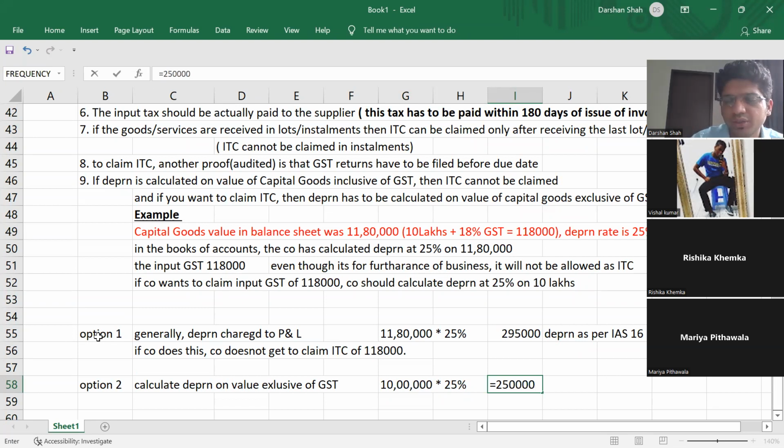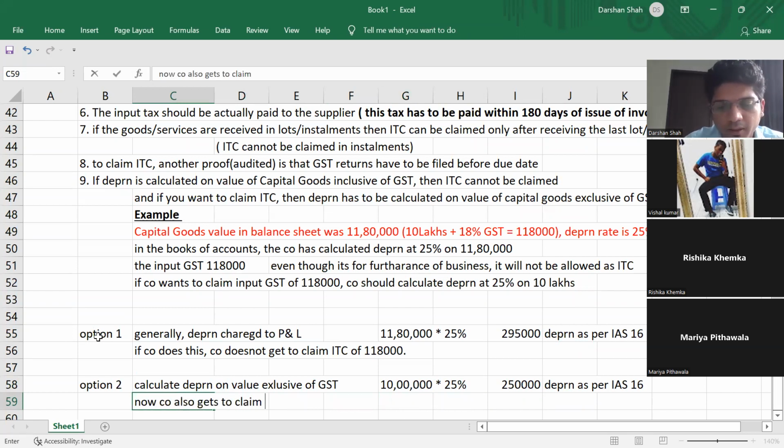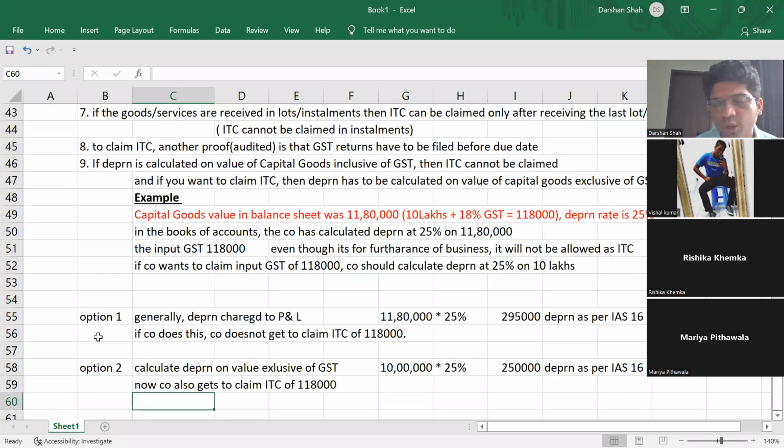So 2,50,000 is the depreciation that I'll claim as per IAS 16, and now the company also gets to claim ITC of 1,18,000. Obviously, which option will you choose? The second one, because here my net benefit is 2,95,000, and here my net benefit is 2,50,000 plus 1,18,000. So I'll obviously choose option number 2.